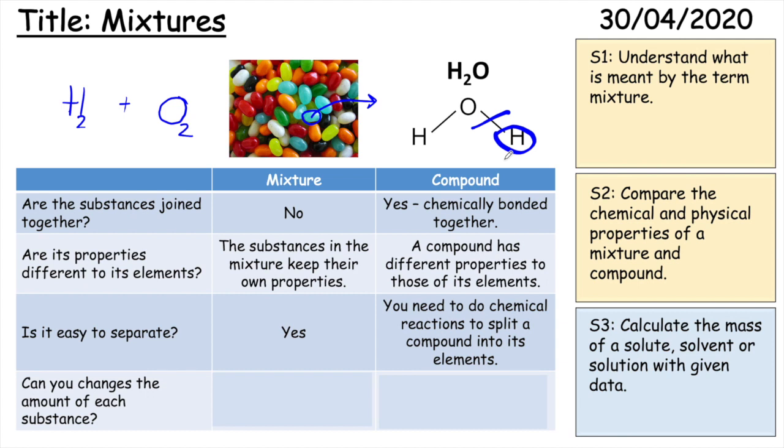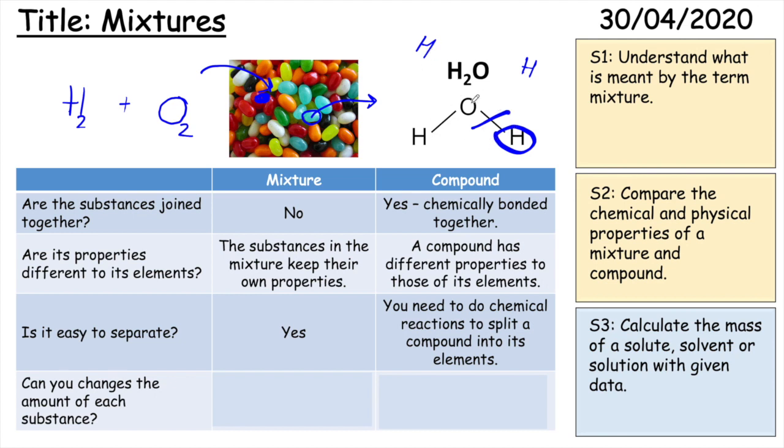The final question says, can you change the amount of each substance? Well, just like I can take out blue sweets, I can put more in, and it doesn't really affect the mixture. Okay, you add more blue sweets, but all you're doing is just putting more in. If I wanted to add more hydrogen to this, well, I can add as much hydrogen as I like, but it still doesn't look like this.